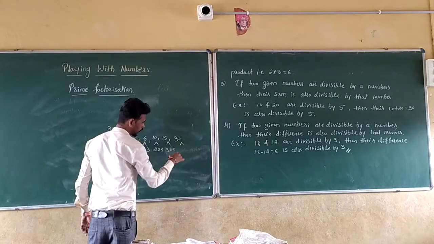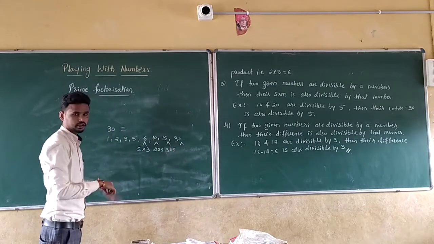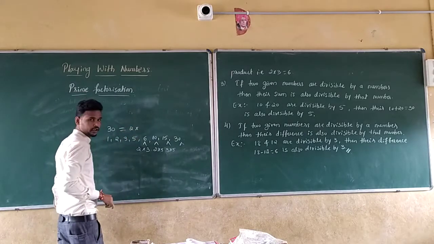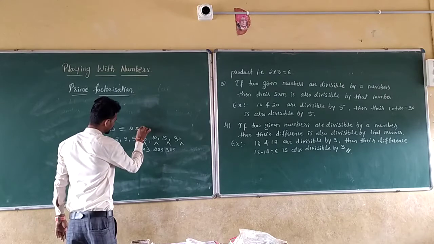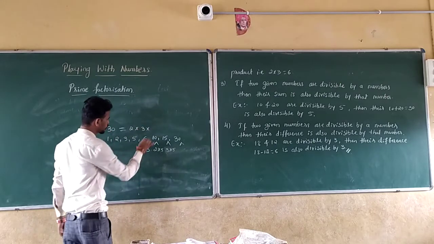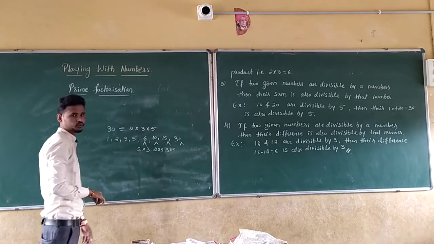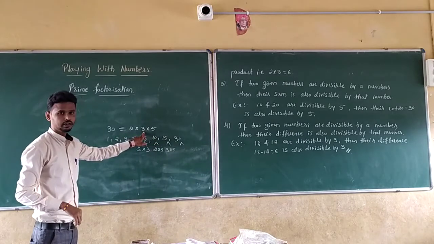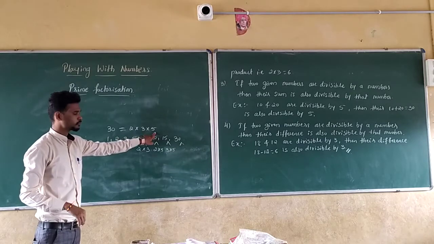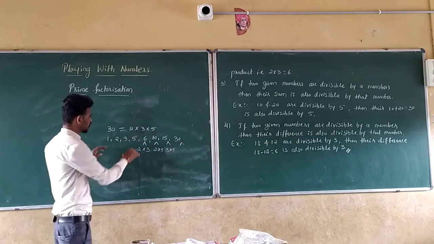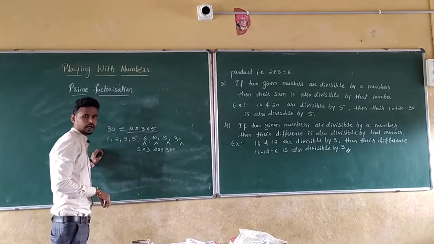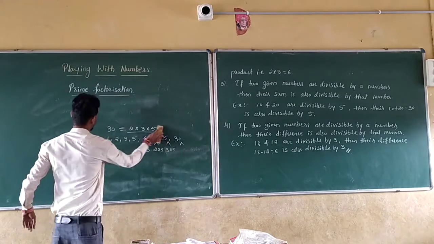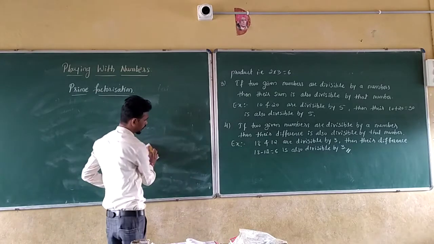Means 30 we can write as 2 into 3 into 5, because 6 fives are 30. These all three are prime factors only. So this is how we need to factorize the given numbers.